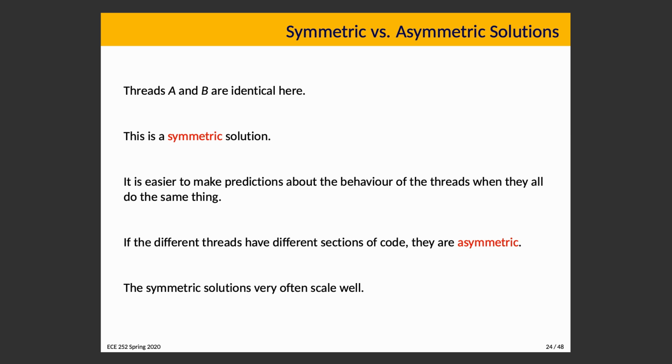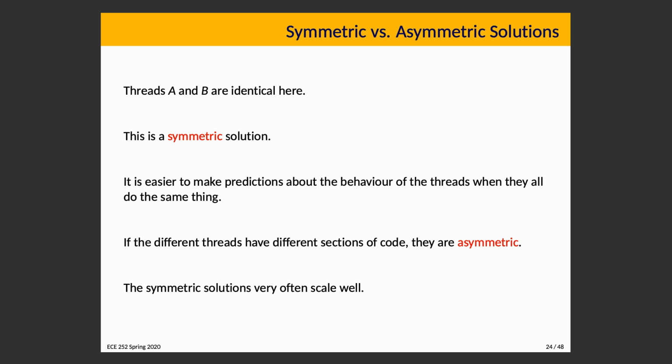The previous example with the rendezvous was an asymmetric solution because every thread had different code, and you can imagine if I was creating a thread D and I needed to add all the wait and post statements, it's possible to make a copy-paste error that would not necessarily be noticed immediately, but would lead to a deadlock at runtime.